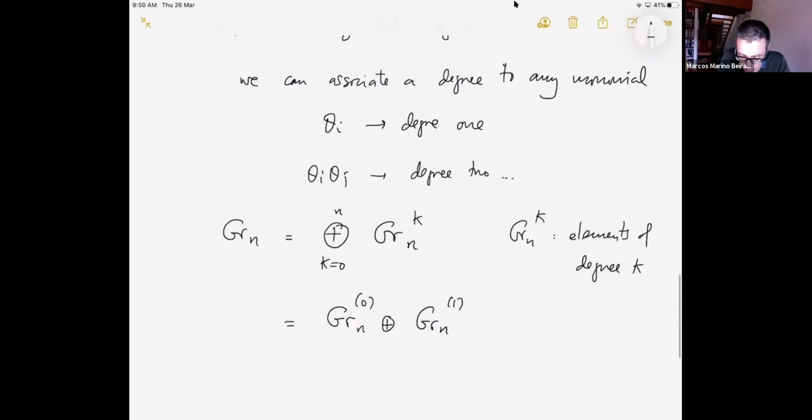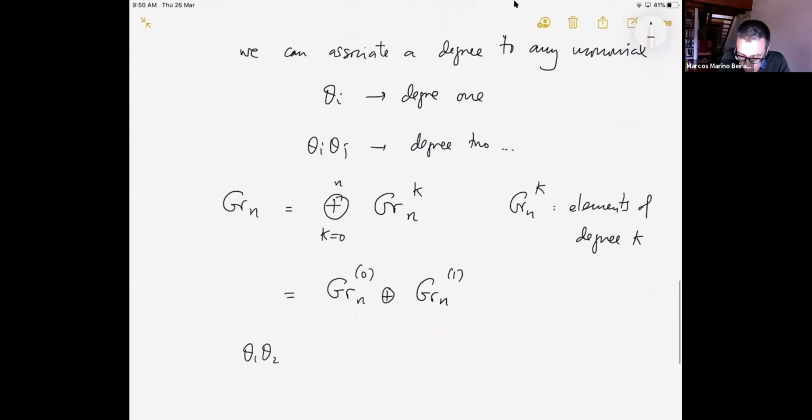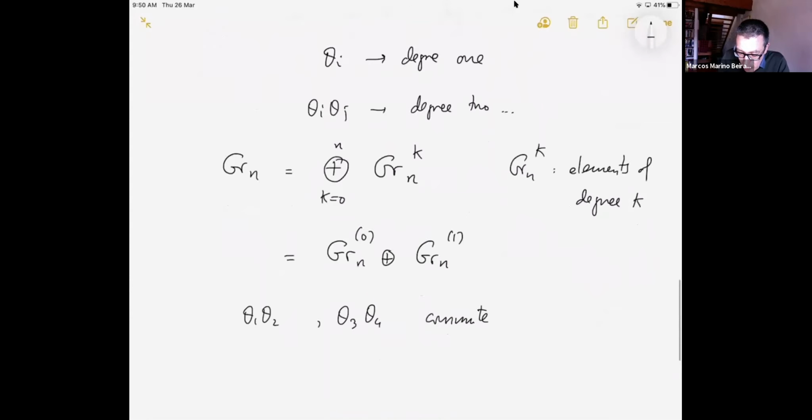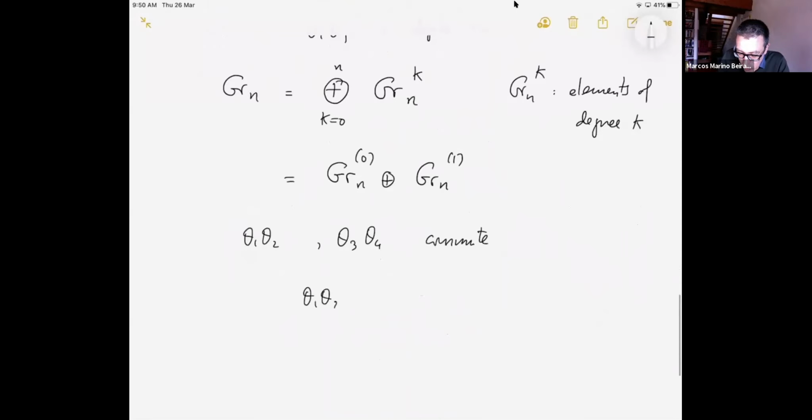For example, theta 1 theta 2 and theta 3 theta 4 commute. These are elements of degree 2. It is very easy to see that theta 1 theta 2 times theta 3 theta 4 is theta 3 theta 4 times theta 1 theta 2, because when you move one past the other, you move it through an even number of thetas, so you don't get any sign.